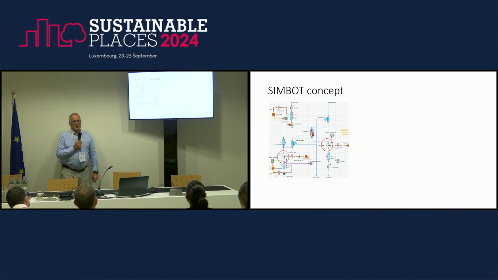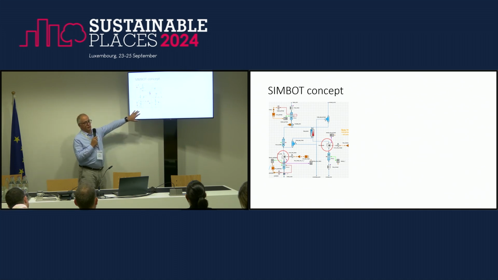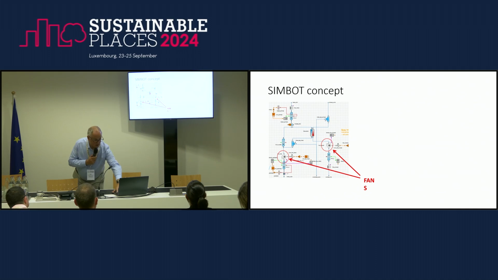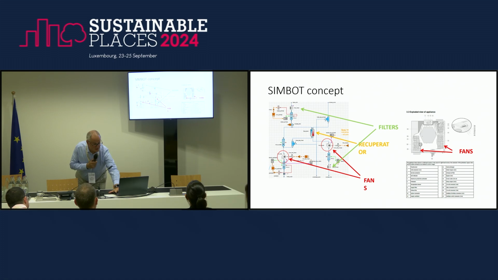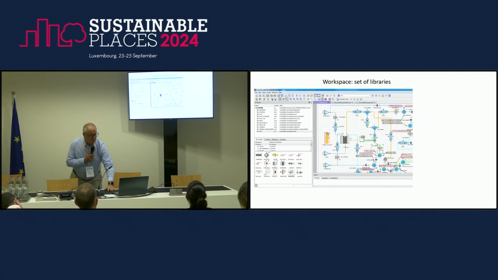We're going to be using something we call a Symbot. What is the Symbot concept? This would be how the home ventilation machine is inside. This would be a mathematical simulation model. The model has fans, a recuperator and filters, which are the physical components of the equipment, and we have the same in the model.